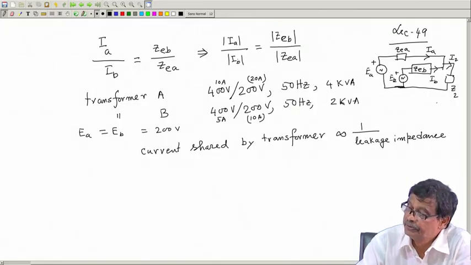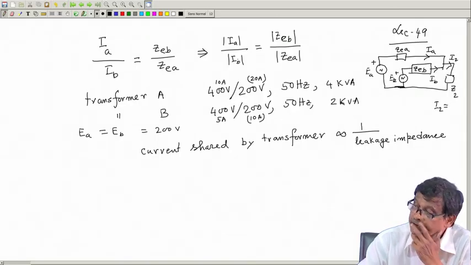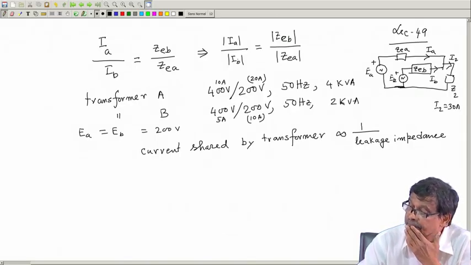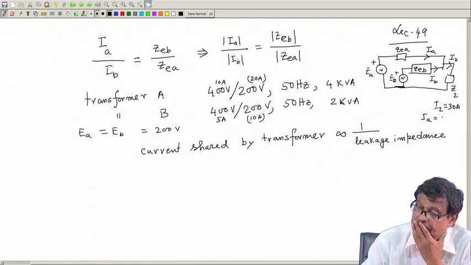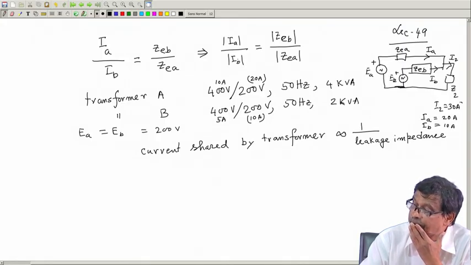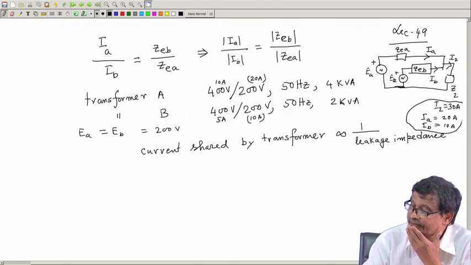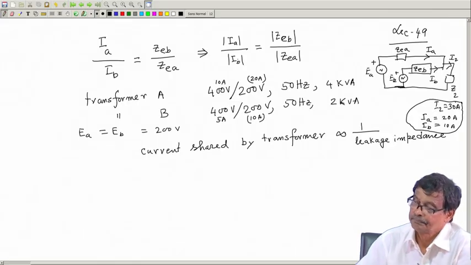So, if I2 is equal to 30 ampere, and IA is equal to 20 ampere and IB is equal to 10 ampere, if this happens, that is the best thing.